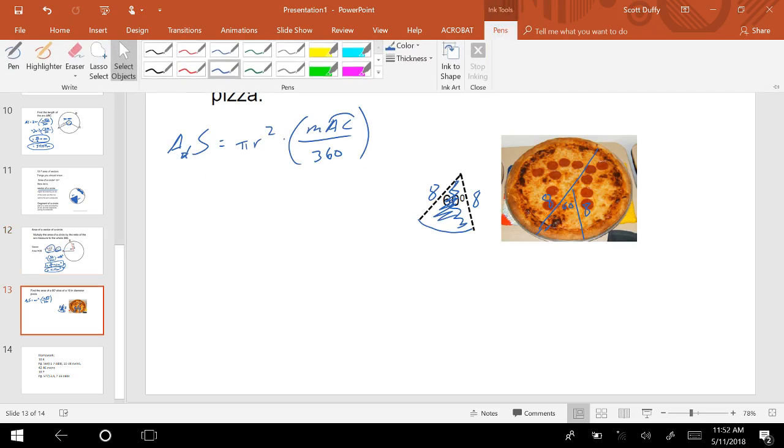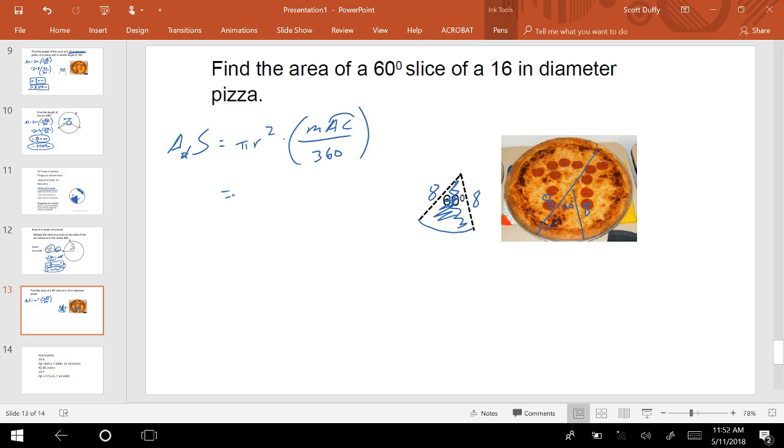So pi r squared, so I have a radius of 8, squaring that, times the measure of the arc divided by 360. So the measure of our arc is 60 divided by 360. Just like I did before, don't multiply by pi in the calculator, just do 8 squared times 60 over 360. I get 10.66.